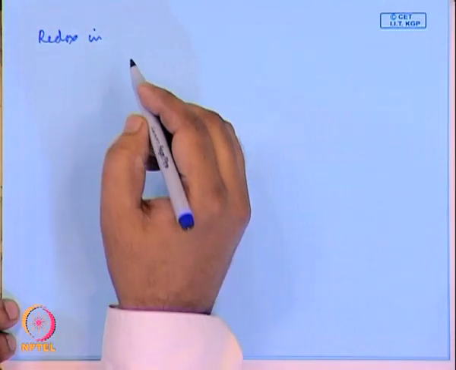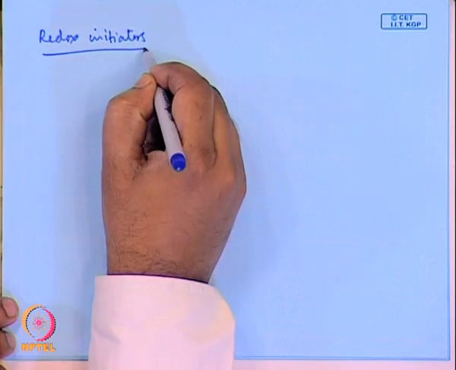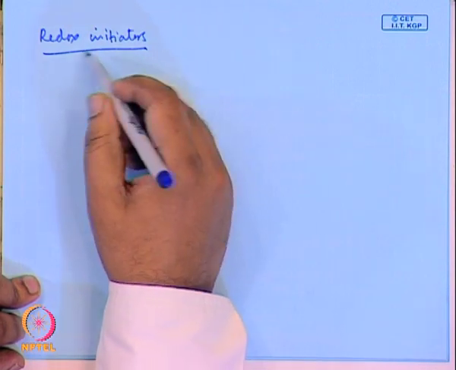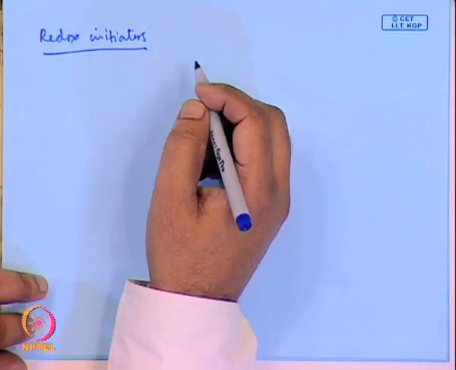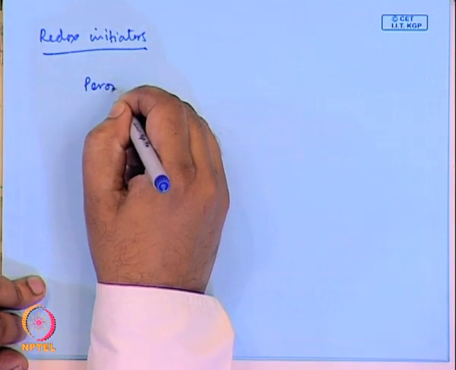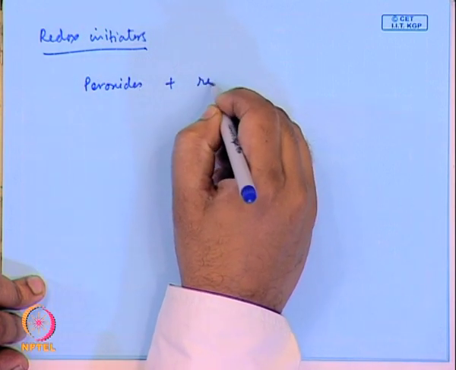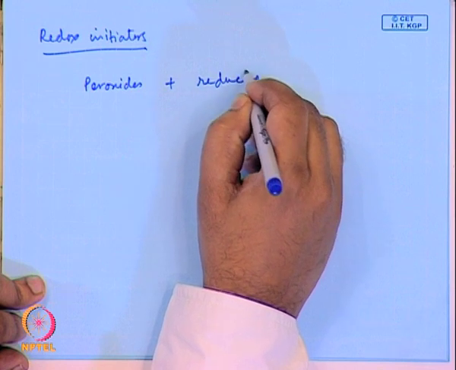So, let us look at redox initiators. As the name suggests, you have a reductant and an oxidant. For example, a peroxide plus a reducing agent.